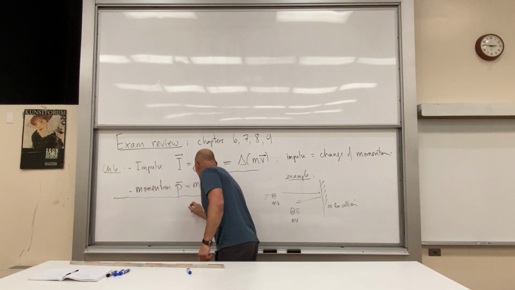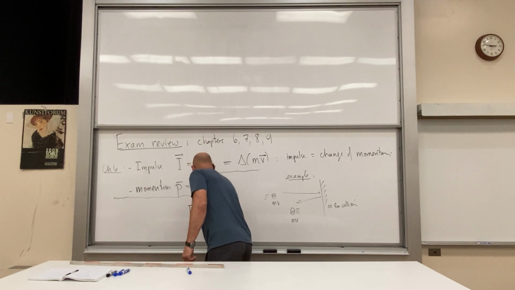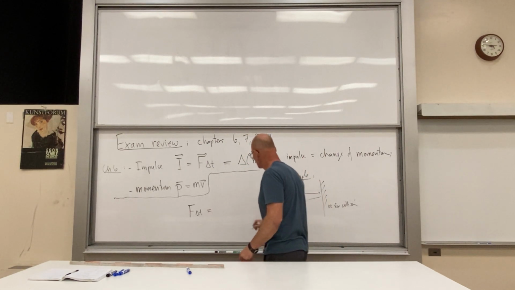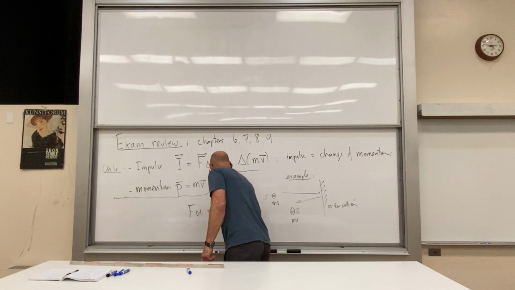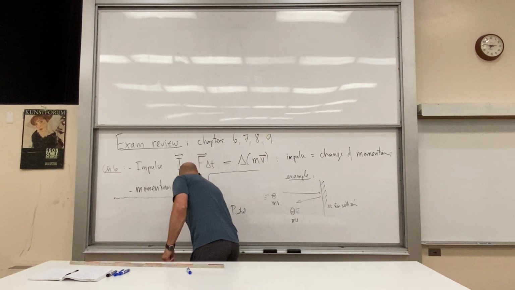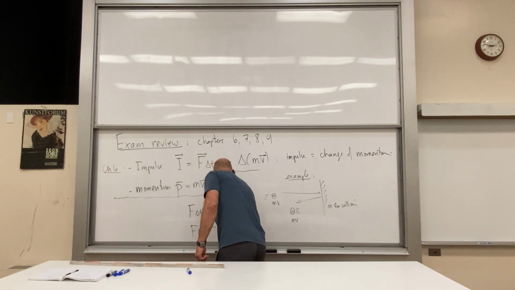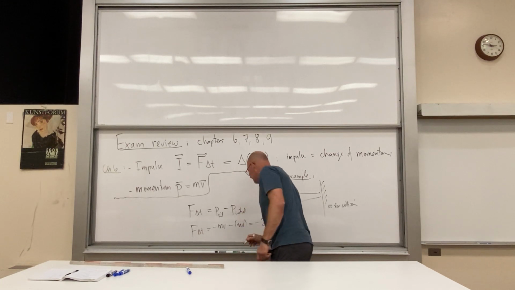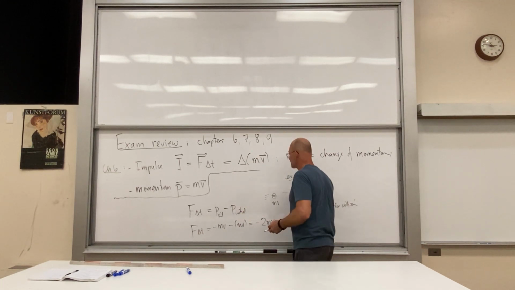F delta t is equal to the change, so it's P final minus P initial, or F delta t is equal to minus mv minus mv, equals minus 2mv. So let's keep going with this example.